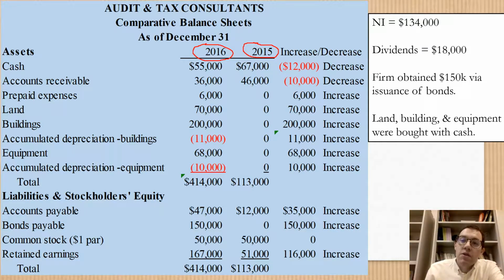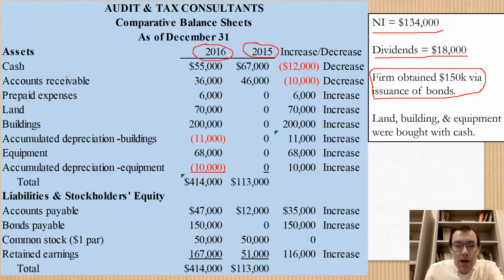So it's important to know what the net income is. Dividends, you always have to know that, is a negative financing cash flow. And then here, some other pertinent information. The company issued bonds for cash. I can see they issued bonds, you see that down here with the bonds payable going up by 150K.